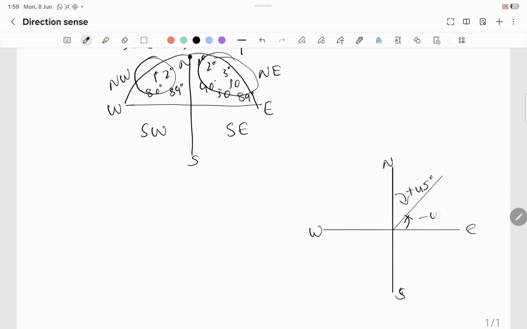From east anti-clockwise 45 degrees is also considered as northeast. From east clockwise 45 degrees is southeast, or from south anti-clockwise is considered southeast.